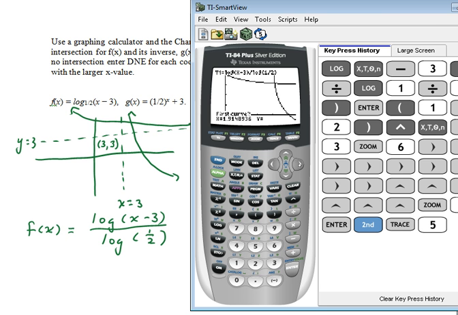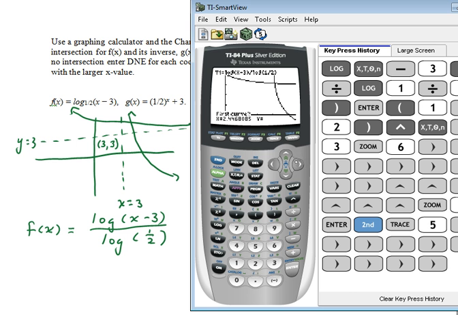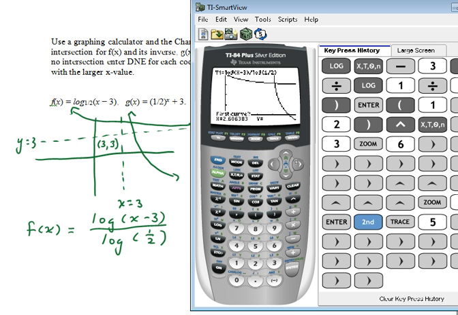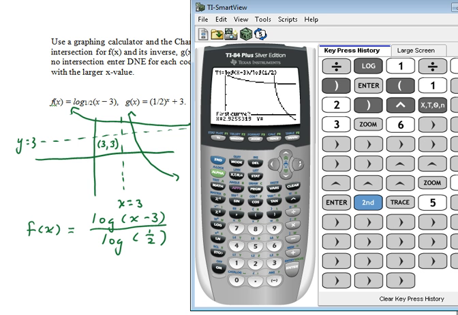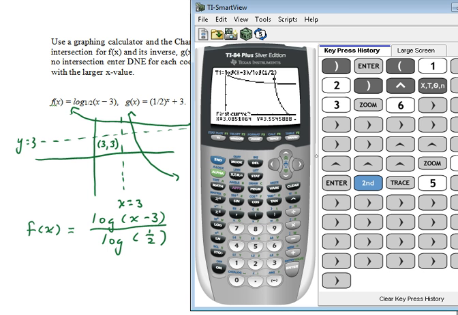So I have to move my cursor to the right until I get x larger than 3, but close to the intersection point there. I've got an asterisk showing up on the logarithmic function close to the intersection point.